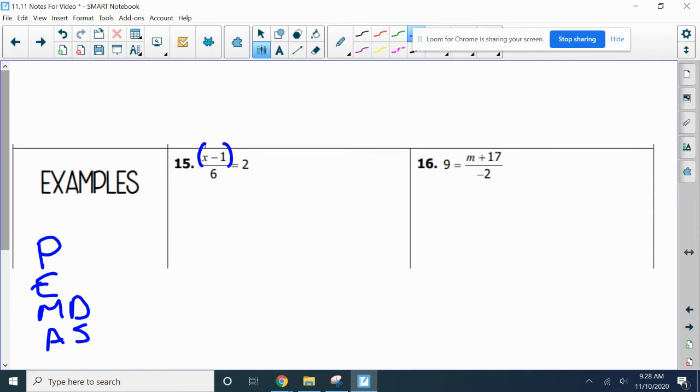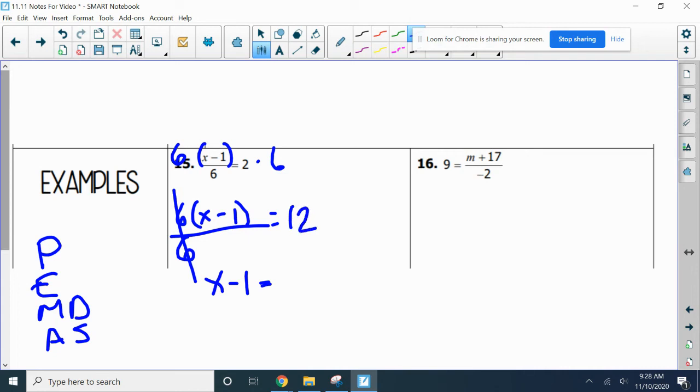To get rid of divided by 6, we're going to multiply by 6. So I would have 6x minus 1 over 6. 6 divided by 6 is simply 1. So we're left with x minus 1 equals, what I did to this side, I also have to do to this side. 2 times 6 is 12. So x minus 1 equals 12.